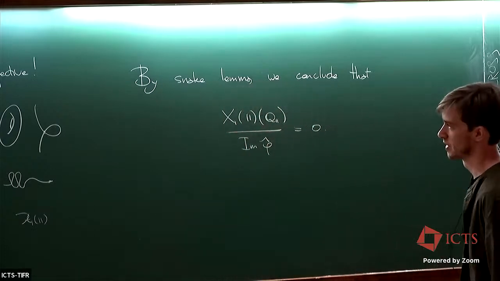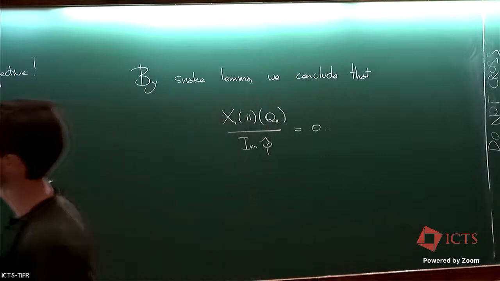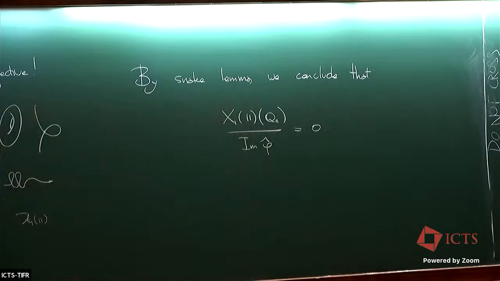Okay, it's that co-kernel. And now by the commutativity of this diagram, we can conclude that this group here is indeed equal to 0, as we require.